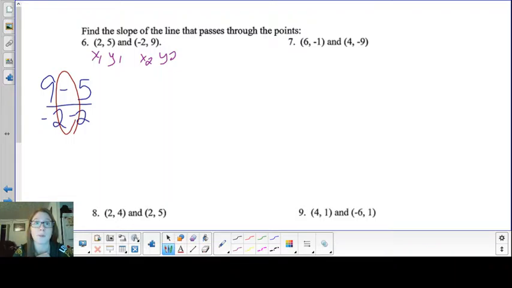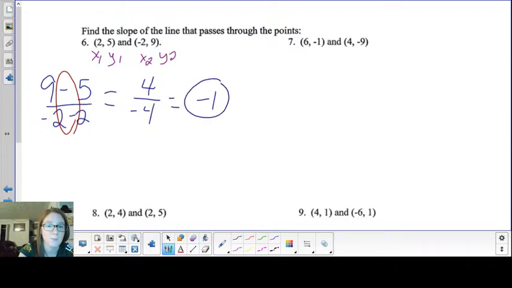Well, that would be if you had a minus. 2 minuses we now turn into a plus sign. So 9 minus 5 is 4. Negative 2 minus 2 is negative 4. 4 over negative 4 will give me a negative 1.